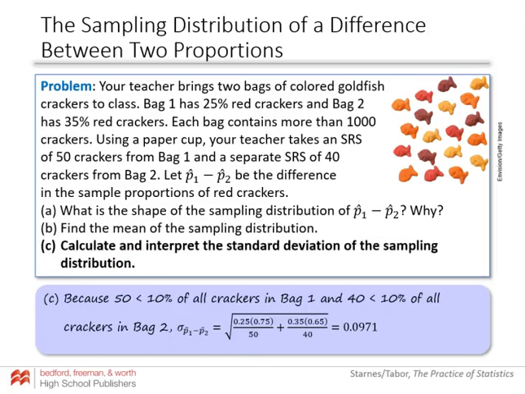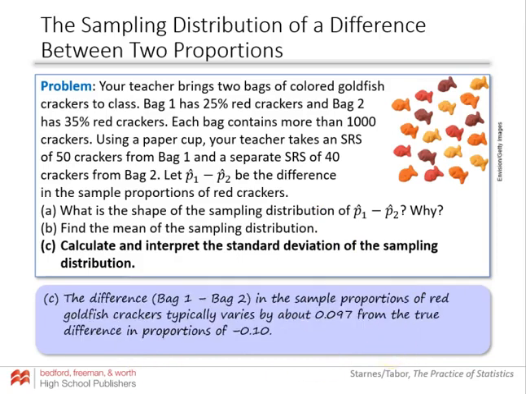And then the standard deviation, we are going to plug everything into this formula. But before we do that, we have to check that both samples meet the 10% condition. So 50 is less than 10% of bag 1 because it says each bag has more than 1,000 crackers. And then 40 is less than 10% of bag 2. So then we can plug in our numbers, and there's our standard deviation.